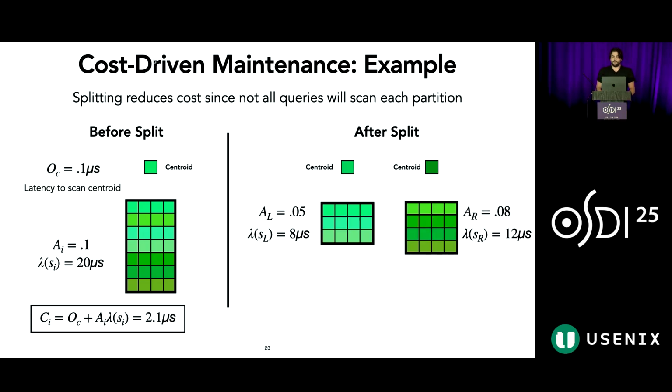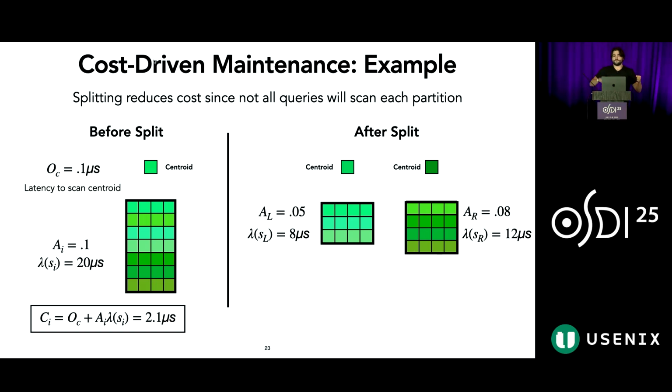Now let's look at an example split. Let's say we've done the split into two, and now we see that the left partition here is scanned by 5% of the queries. It's gotten smaller, of course, and the right partition is scanned by 8% of the queries and has also gotten smaller, so the time to scan these partitions is reduced. It's important to note that splitting reduces the cost because not all queries are going to scan both partitions.